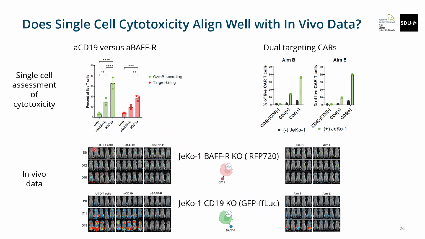In the in vivo experiments, this was a little hard to conclude, in particular because this part of the experiments was difficult to evaluate because the BAFF-R knockout Jeko cells did not establish themselves well and proliferate in the mice.